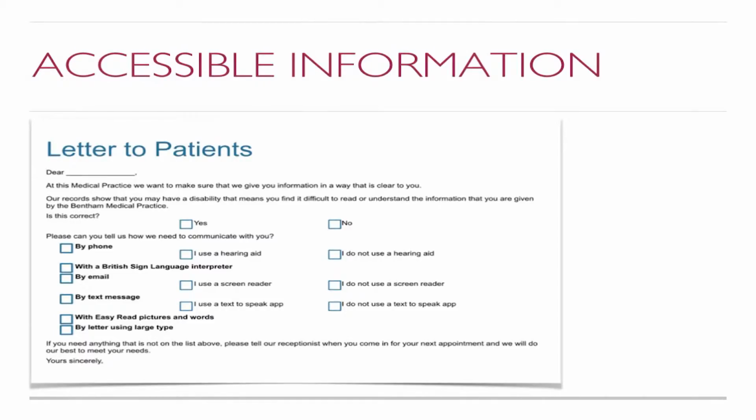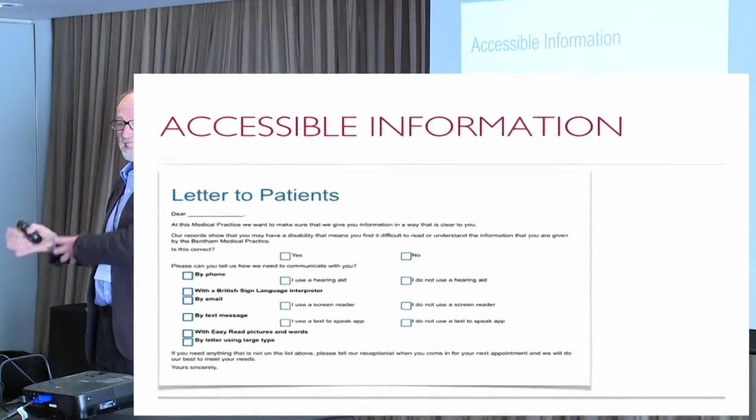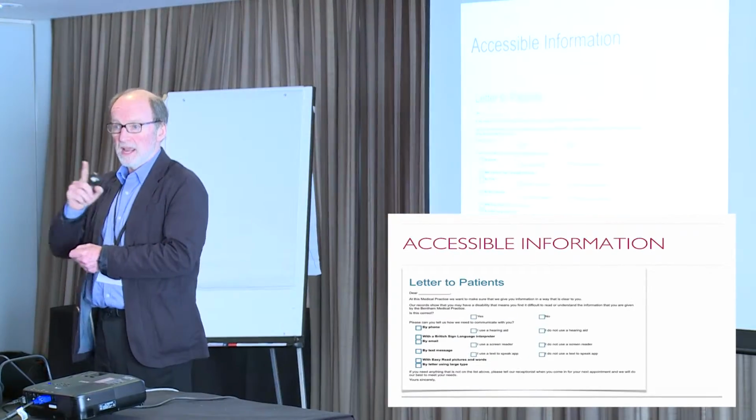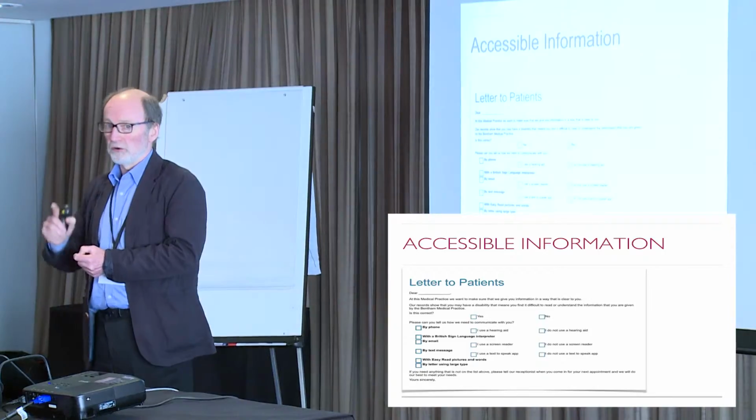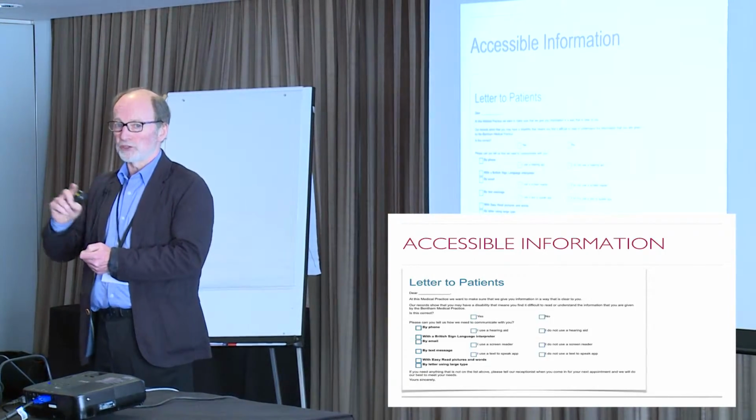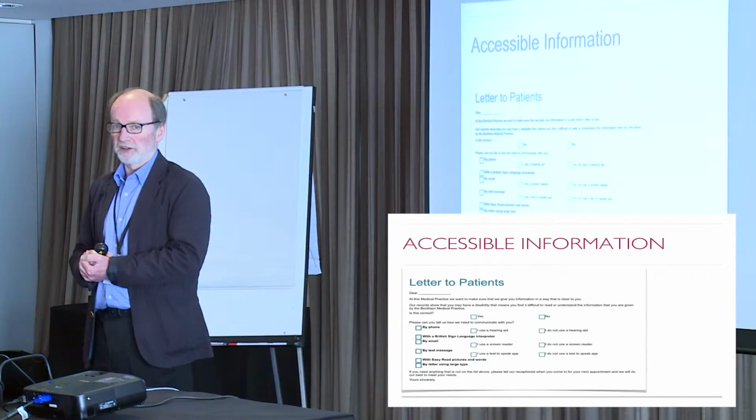There's a standard letter, which is one way of writing to people and just giving them boxes to tick. Unfortunately, you have to write to people in a standard way to get this information in the first place. If there are people that we already know will have problems, then perhaps we should be thinking about doing things another way.